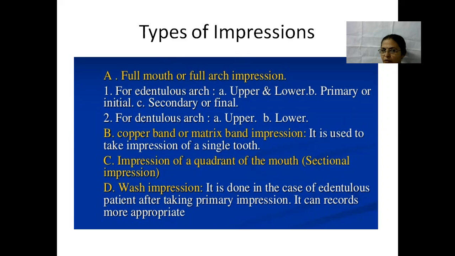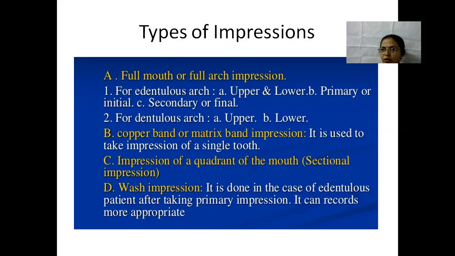Full mouth or full arch impressions are used for a full edentulous arch, upper or lower, primary or initial, secondary or final. For a dentulous arch, it may be upper and lower. Another type is the copper band or matrix band impression, used for making an impression of a single tooth.